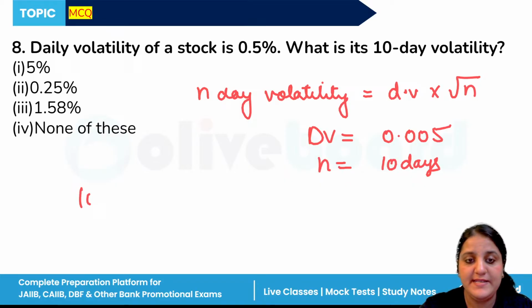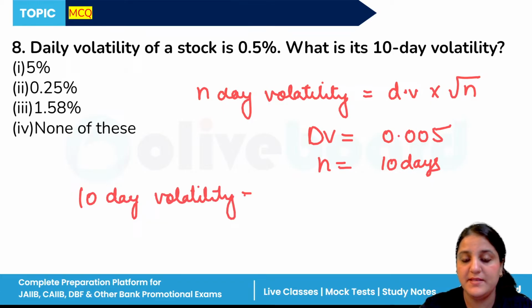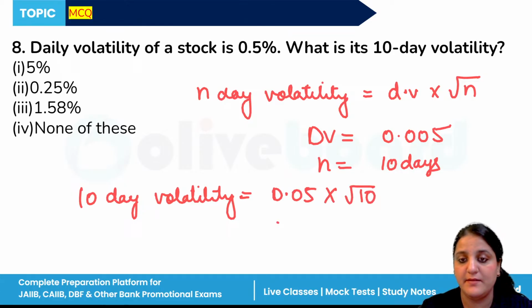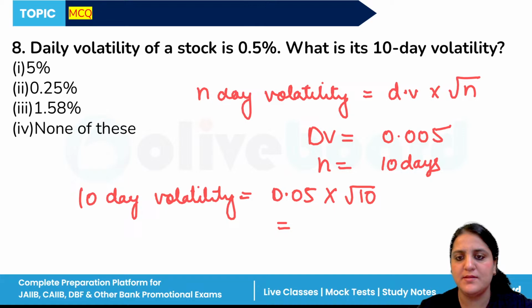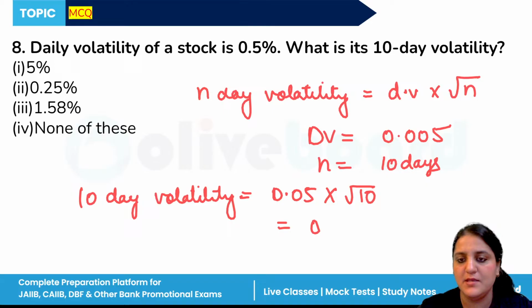So 10-day volatility is equal to 0.005 multiplied by root 10, which is equal to 0.0158.